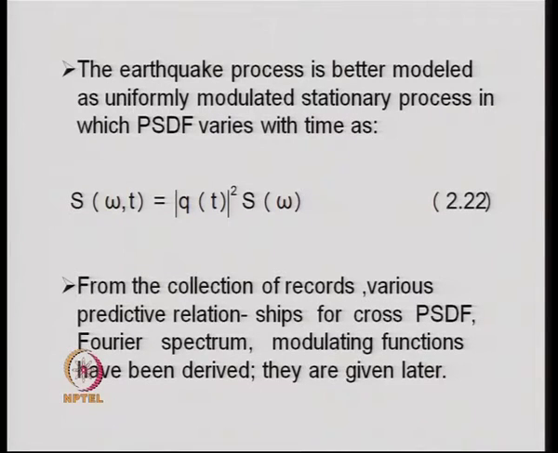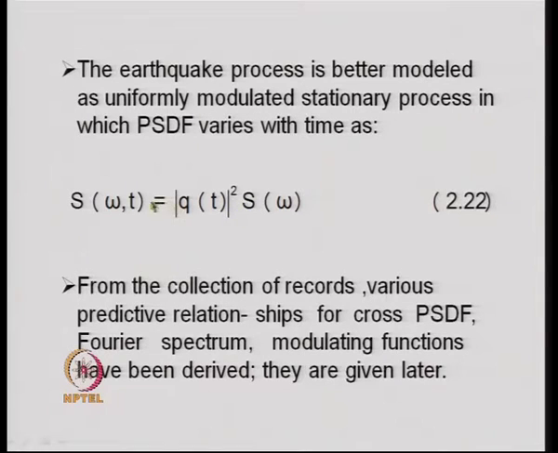In the case where we consider the earthquake as an evolutionary stationary process, equation 2.22 represents the evolutionary power spectral density function of the ground motion. Here the parameter T comes into the picture because the power spectral density function changes with time, and we obtain it by simply multiplying the modulating function squared with the power spectral density function which we obtain assuming the earthquake to be a stationary random process.